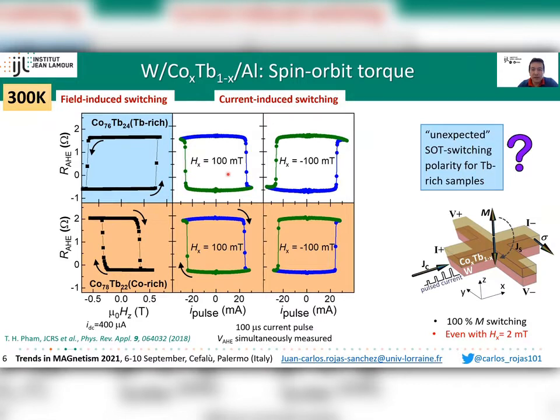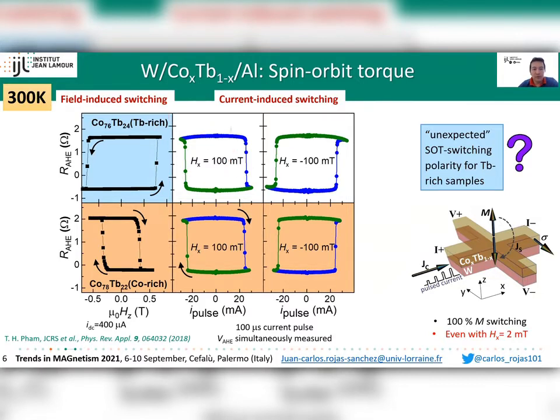And why is that? Independently, we have performed another experiment. I will not show it today, but it is in this reference. We showed that actually, in this current sweeping experiment, we heat up the device above the magnetic compensation temperature.